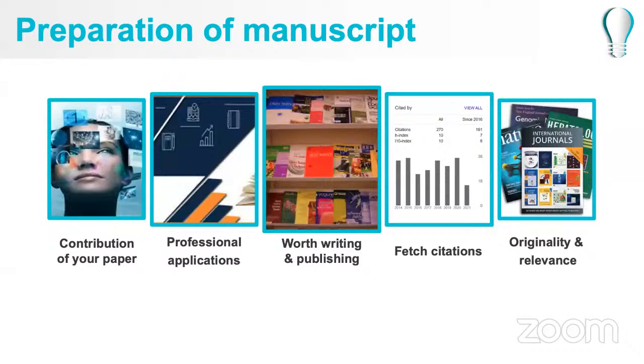If it is not relevant to your particular field, and if it is not going to contribute something to your research area, your subject or your discipline, then there are fewer chances of your article getting accepted. Even I have struggled with some articles in subject areas that are not that common in my library science field. So you may face such challenges.